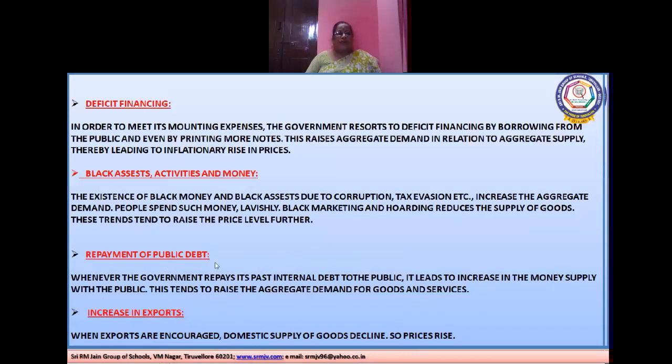Repayment of public debt. Whenever the government repays its past internal debt to the public, it leads to the increase in money supply with the public. This tends to raise the aggregate demand for goods and services. Increase in exports. When exports are increased, domestic supply of goods declines. So the prices will rise.